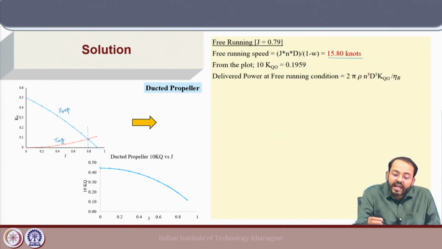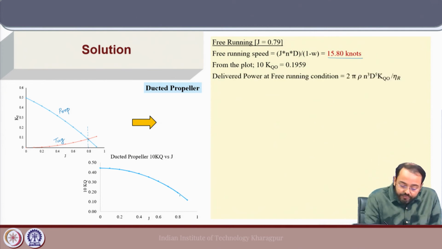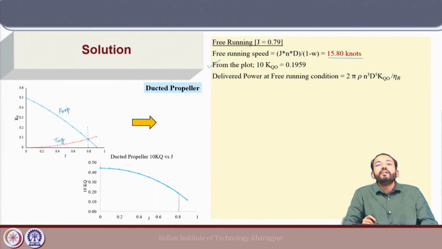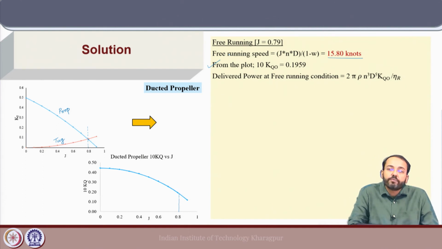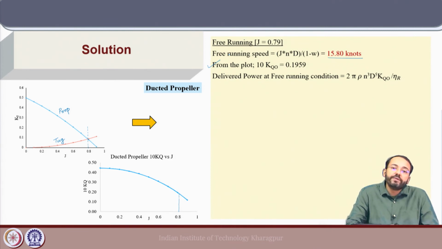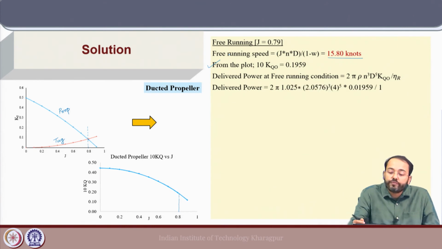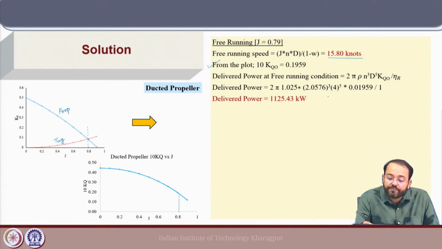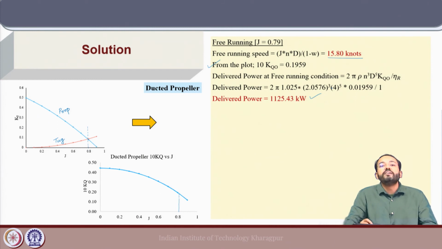And at the same condition we again take the value of the torque coefficient from the open water diagram. Now, for the ducted propeller, the torque coefficient is very much different at the same value of J as compared to the conventional propeller. So, if we calculate the delivered power in the same fashion from the torque coefficient, the value will be higher as compared to the conventional propeller.